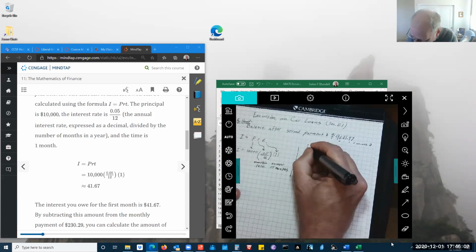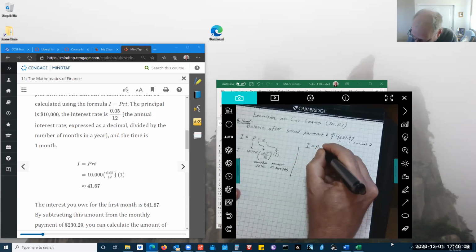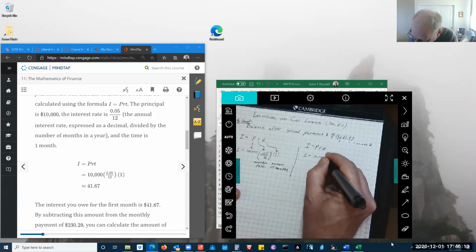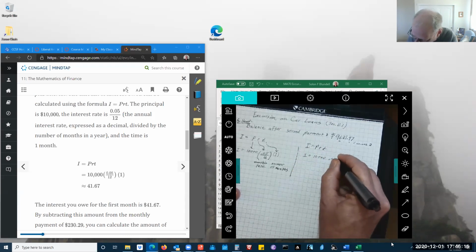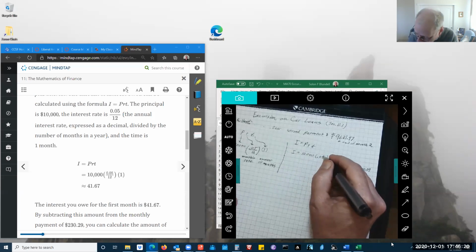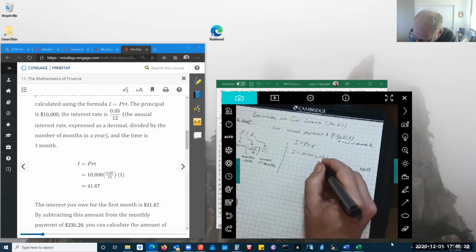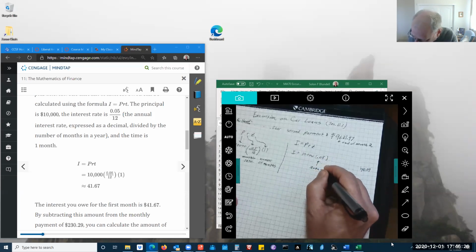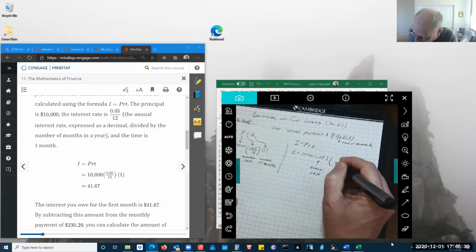I could also say I equals PRT. My interest rate is 5%. It's an annual rate. And so then I put the time in years.